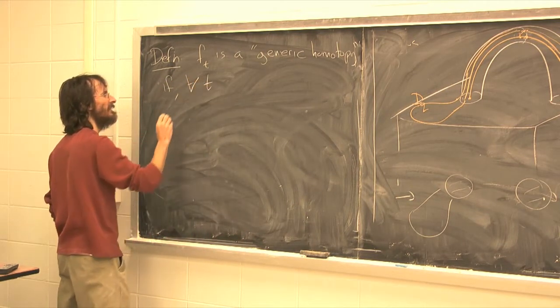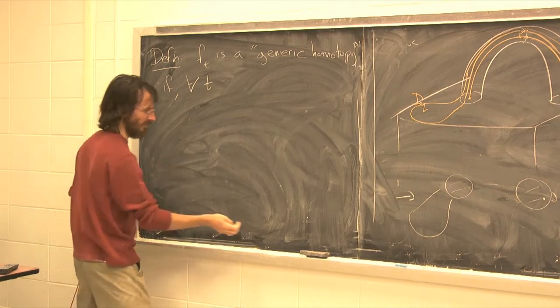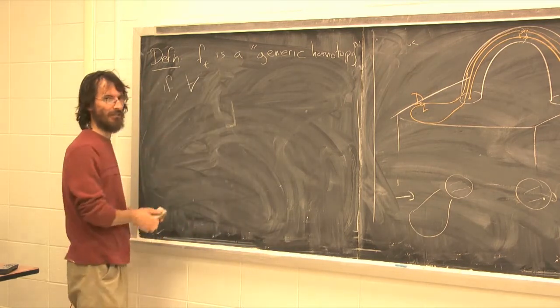for all t0 in [0,1], I'm assuming my parameter t is going to [0,1], and for all points p in X, it's going to look just like our definition of a Morse function.